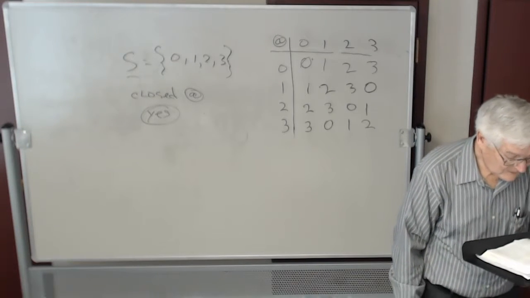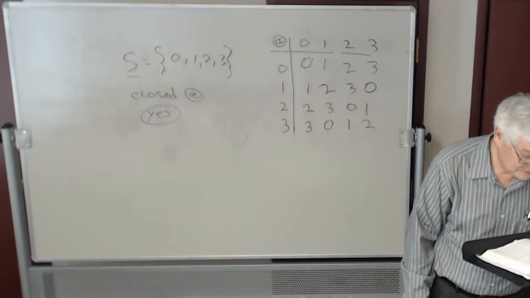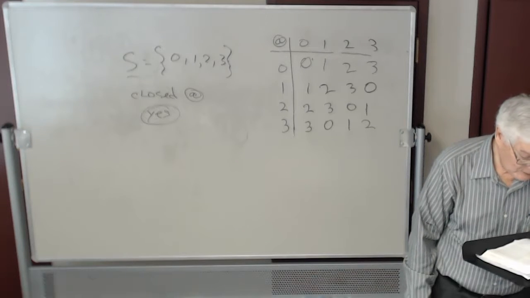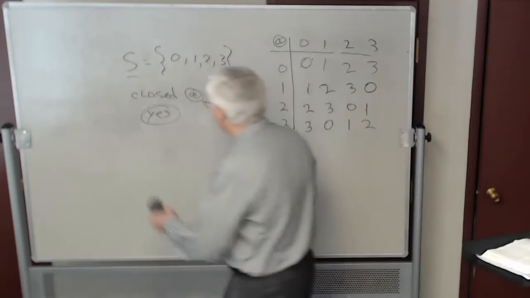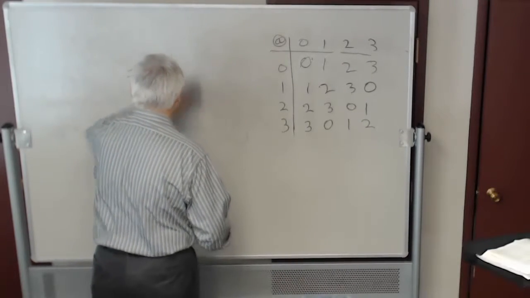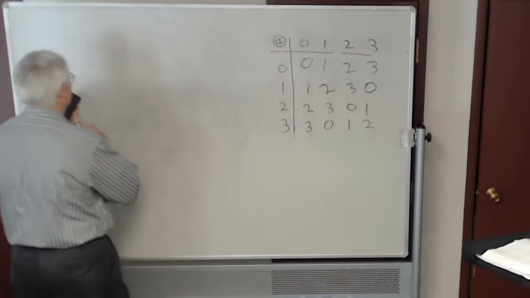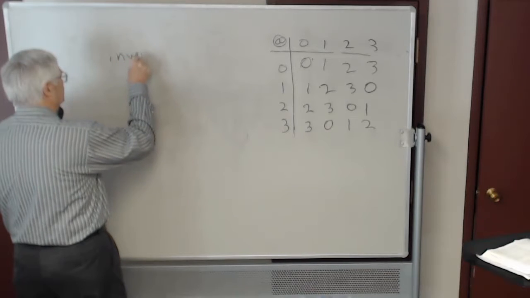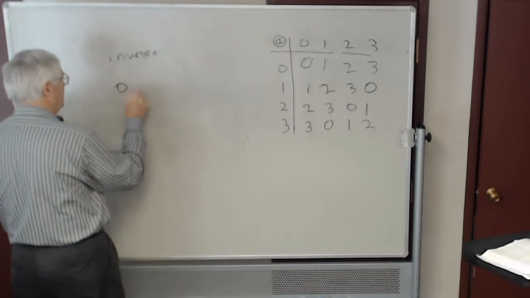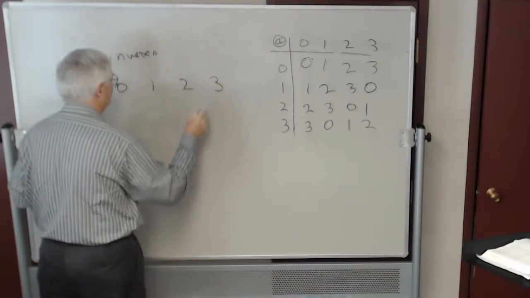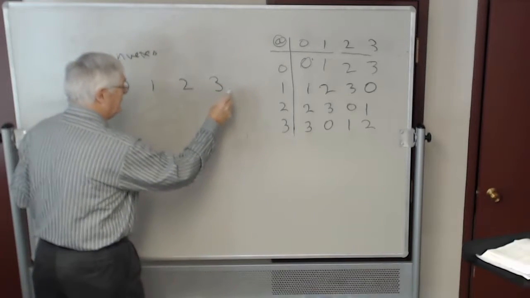Number 28. Find the inverse of 0, 1, 2, and 3. Now I want the inverse of 0, 1, 2, and 3 for the operation at.